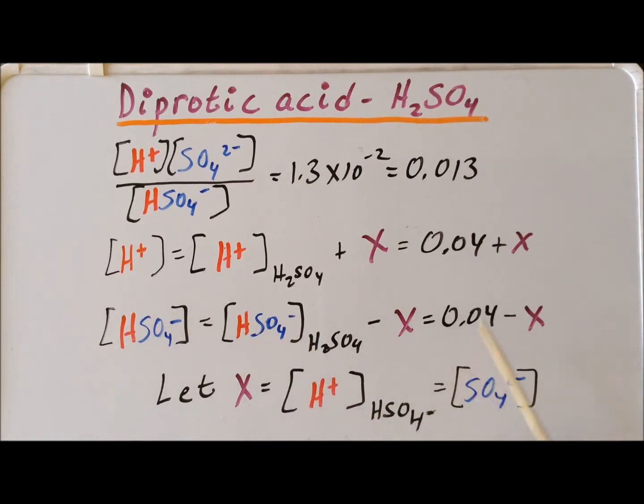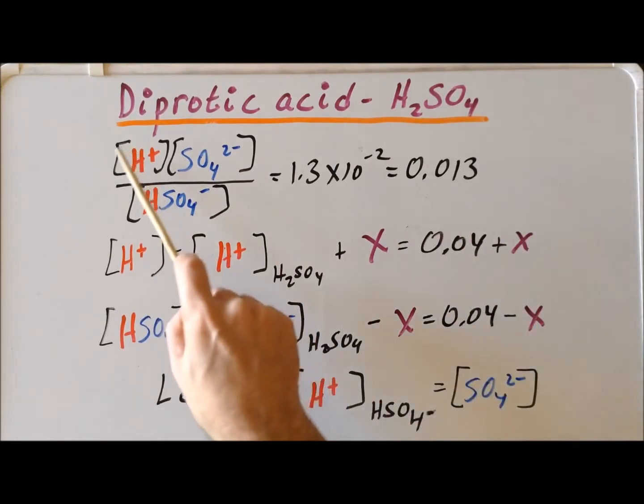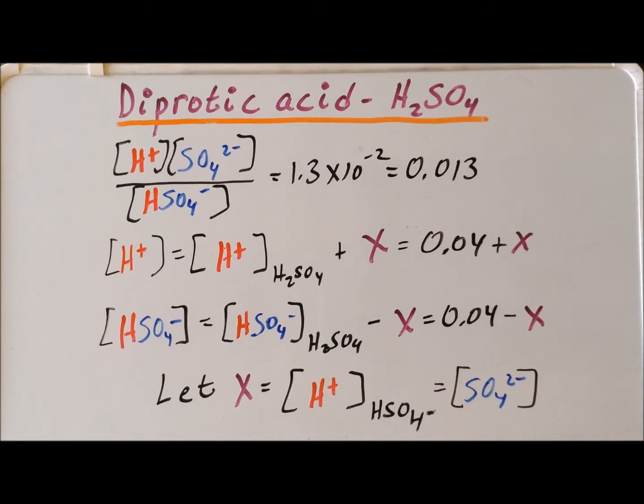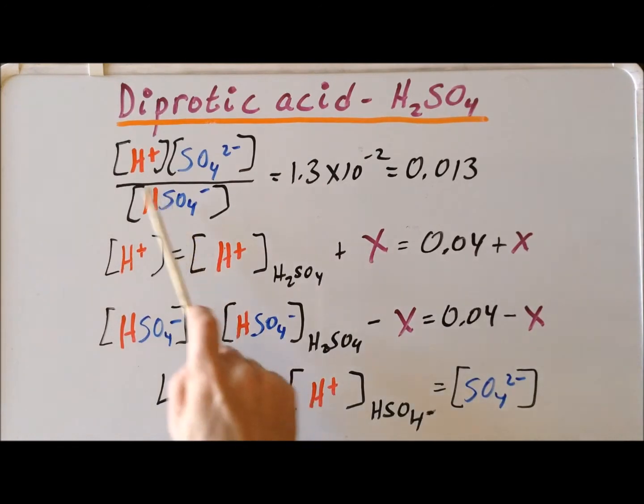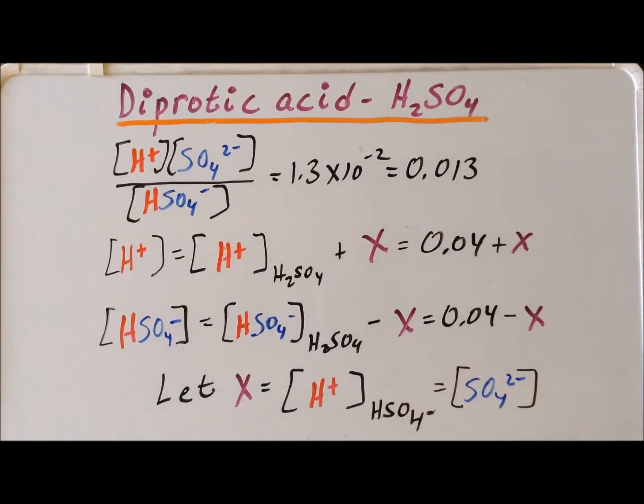Now that we've made these assignments and created these expressions, we want to substitute the expression for H plus, 0.04 plus x, into our expression for H plus in the equilibrium constant. We have an expression for sulfate, which is simply x, and we have an expression for the concentration of bisulfate, which is 0.04 minus x.